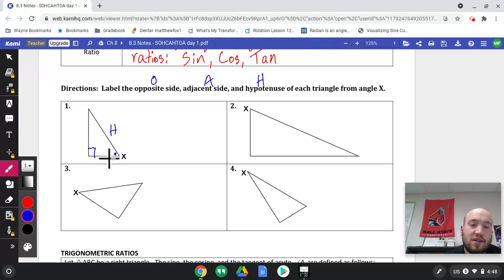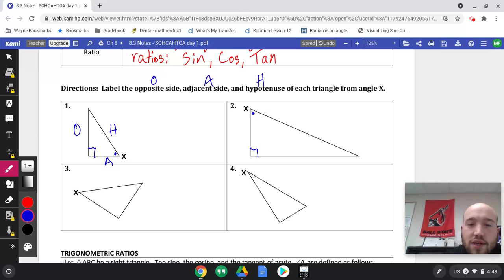So the adjacent side is next to angle X; it is part of angle X there. Meanwhile, opposite, like the opposite side of the room, is across the room, just like we did earlier this week with our ratios. The opposite one is over here. So there's our opposite.